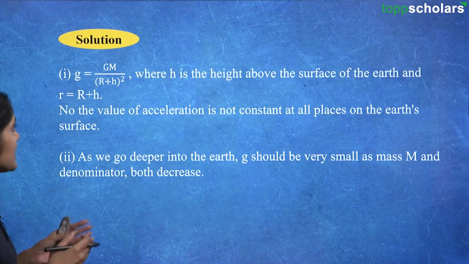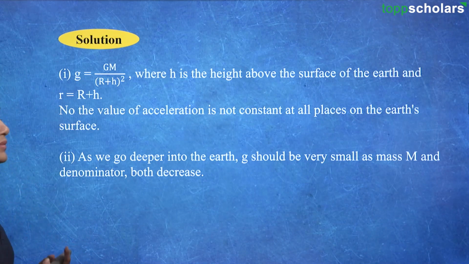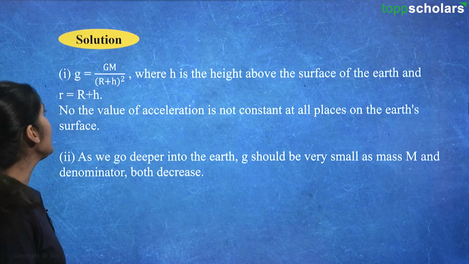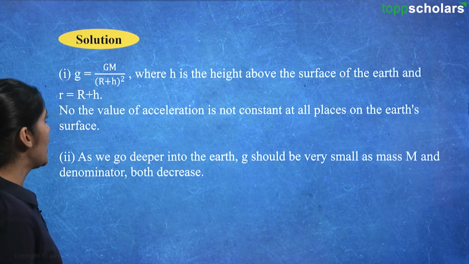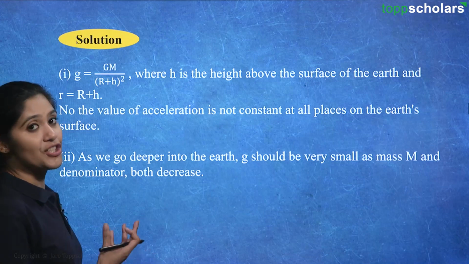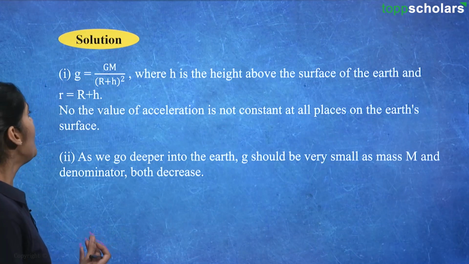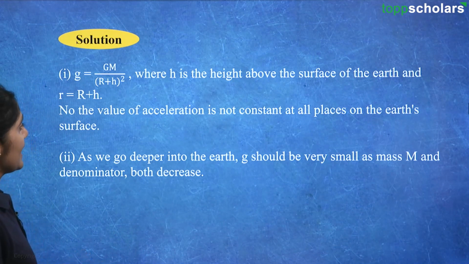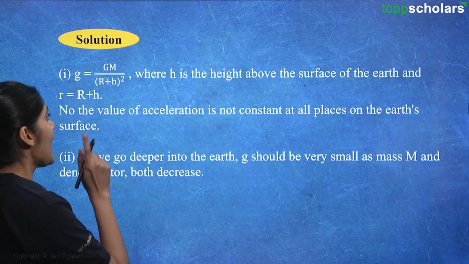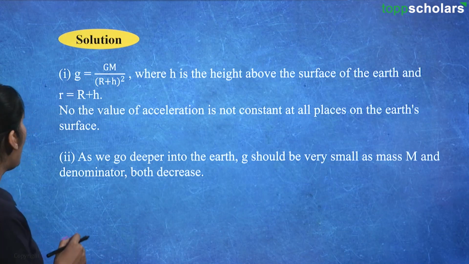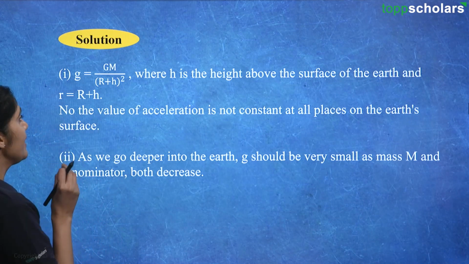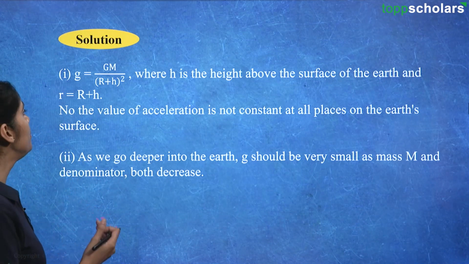So in the first part, we can say the equation would be g, that is the acceleration due to gravity, is equal to GM upon (R plus h) whole square, where h is the height above the surface of the earth and r, the small r, is equal to capital R plus h.